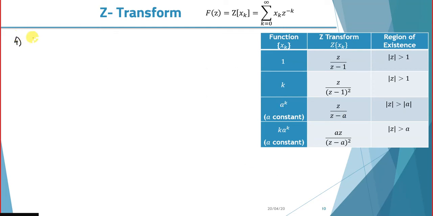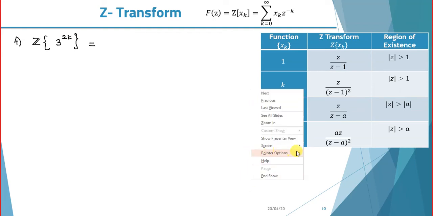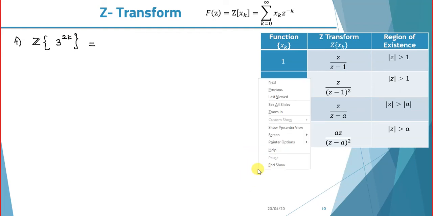Suppose I have to find Z transform of, say, 3 power 2k. How will we find it? By using these rules. The idea is that the power should be just k. We should not have any number multiplied with k. So we will try to get rid of this number 2.